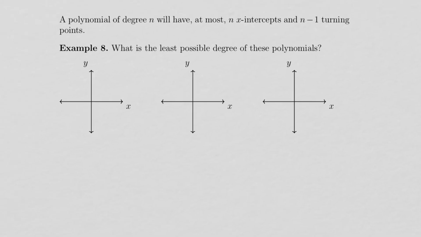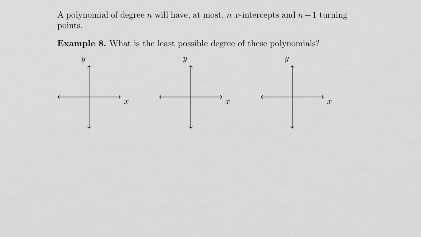So knowing that, we can usually come up with the least possible degree of a particular graph that represents a polynomial just by looking at the x-intercepts and the number of turning points. And it turns out that looking at the number of turning points is going to be more important. So here, I'll give you some examples.